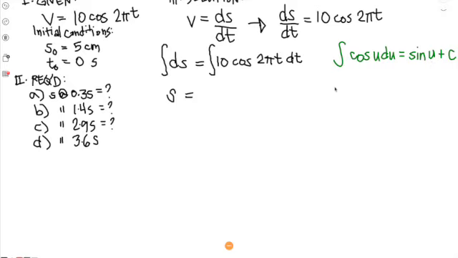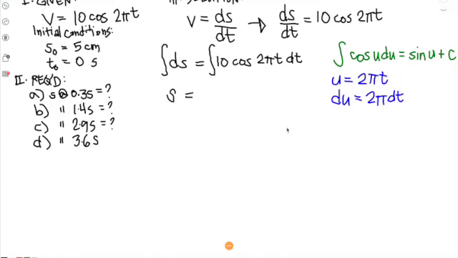It's only practical to let u be our angle here, which is 2 pi t, and the derivative of that will of course be 2 pi times the derivative of t. Okay, so we need this equation to look like cosine u du.